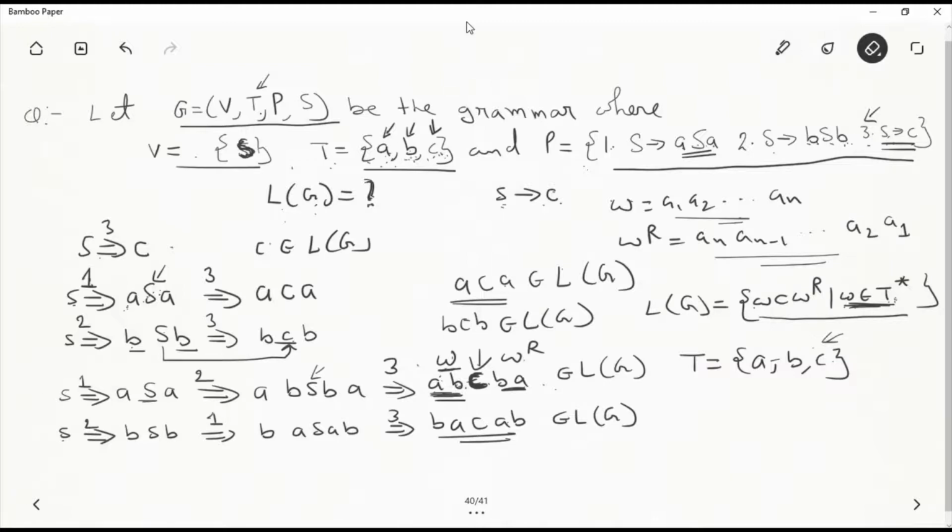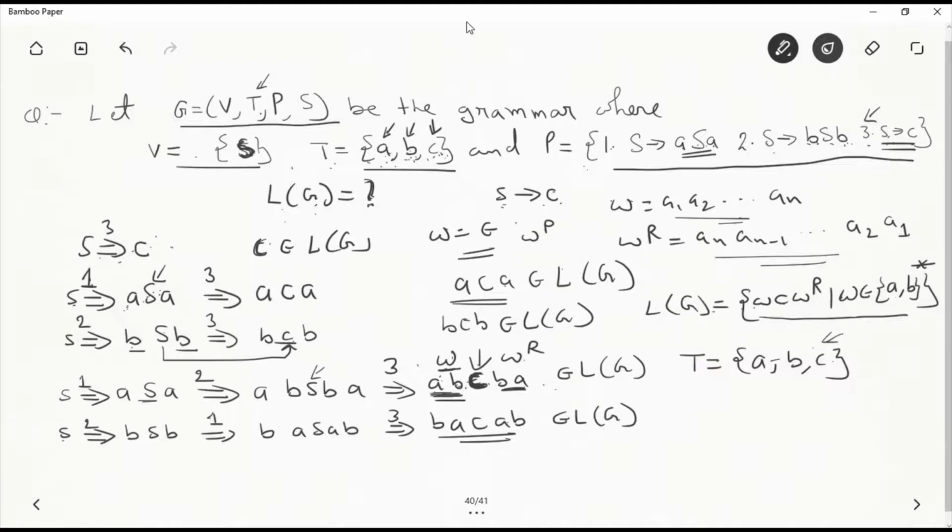What you have to do is take the combination of A and B only. L of G is equal to WCWR such that W belongs to the star closure of A and B. In the first case, you can see only C is there, so W is the empty string.